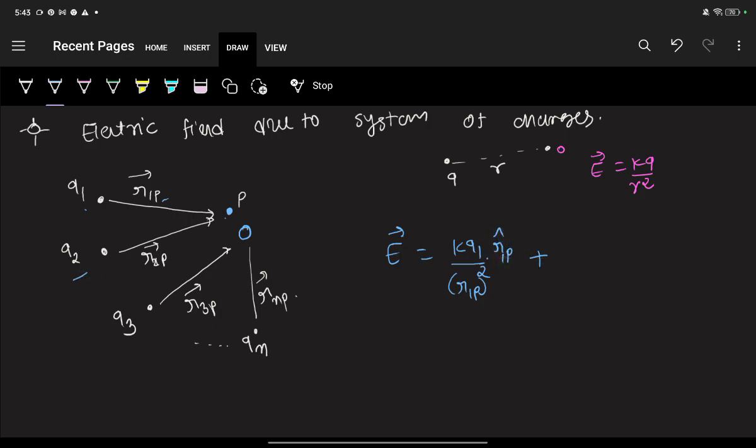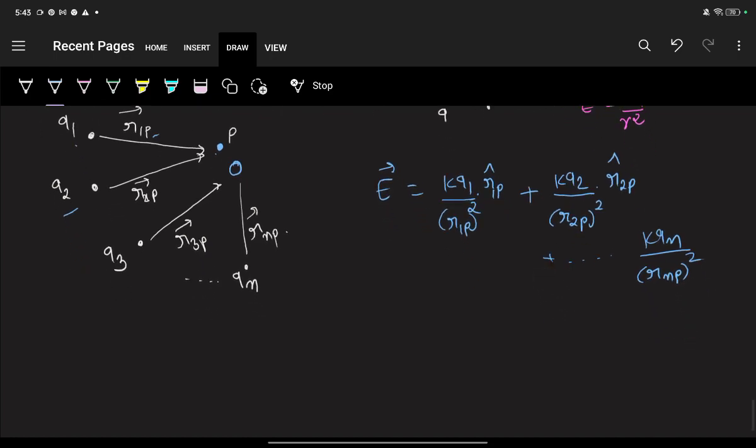Due to q2 it is kq2 upon r2p square into r2p cap, and so on. Basically it sums up. If you take k common, which is 1 by 4 pi epsilon naught, we can write the whole expression as summation of i equals 1 to n, qi upon rpi square into rpi cap.